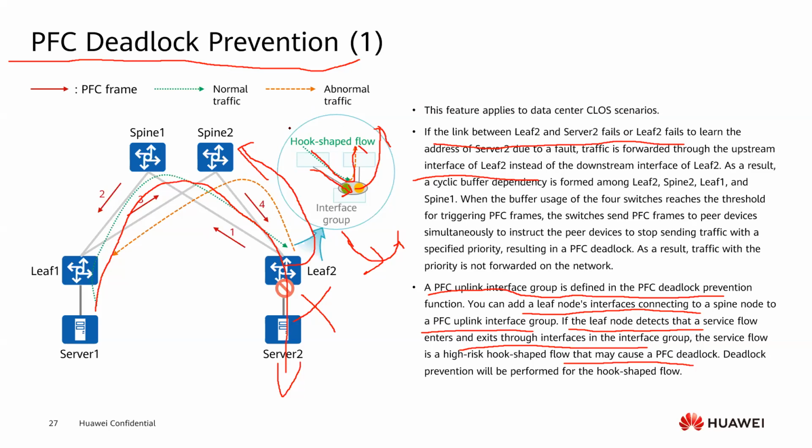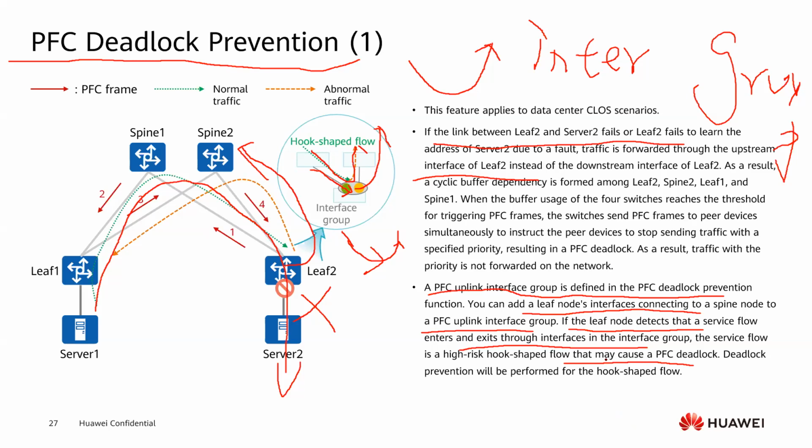If the packet is forwarded within an interface group, that means it may cause a PFC deadlock. So deadlock prevention will be performed for the hook shift flow.